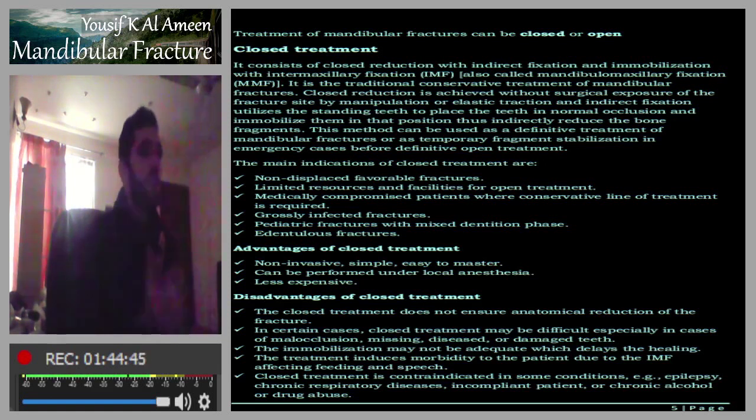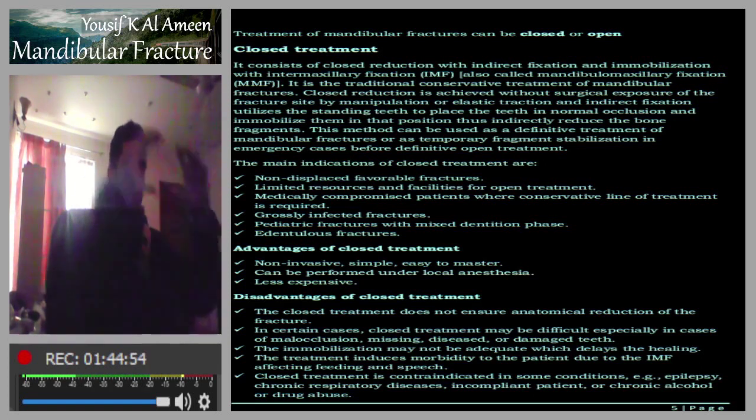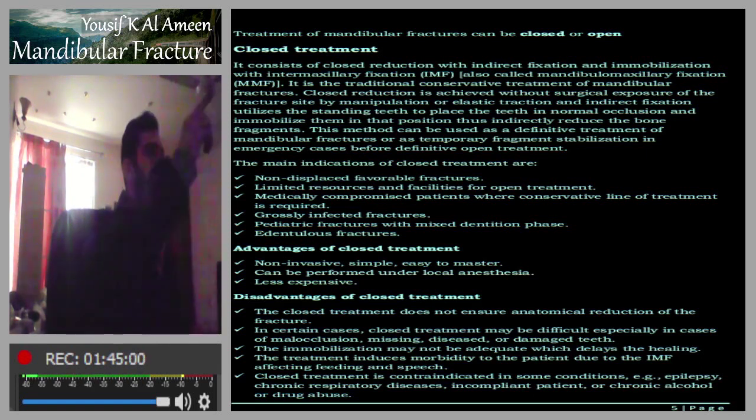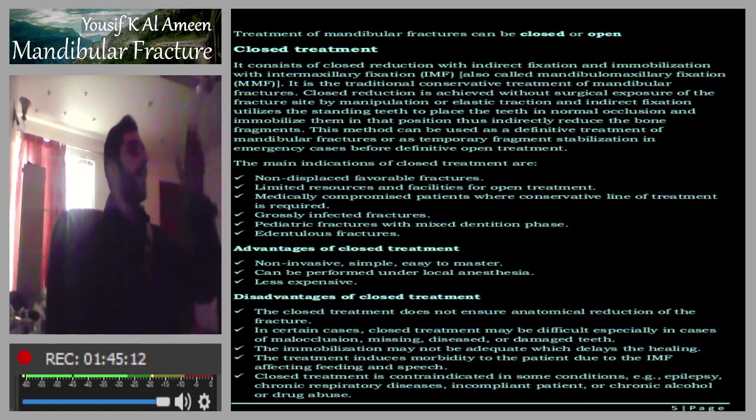Starting with closed treatment, it consists of closed reduction with indirect fixation, and immobilization with intermaxillary fixation.